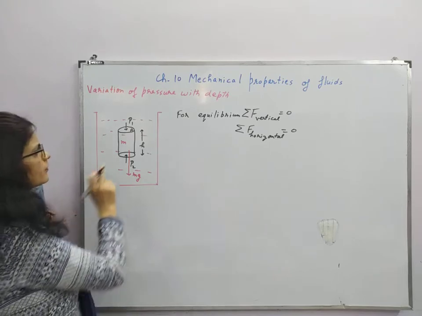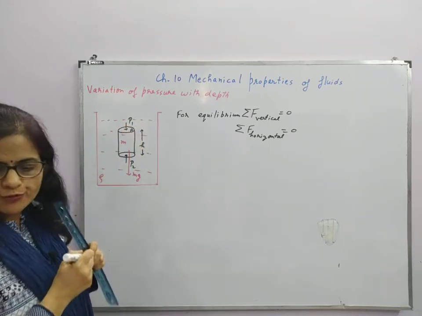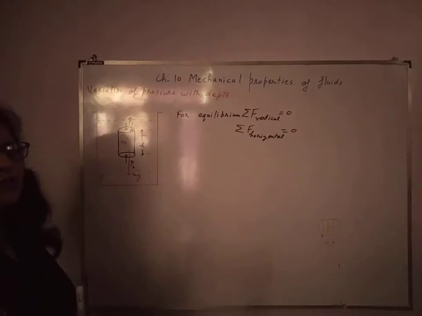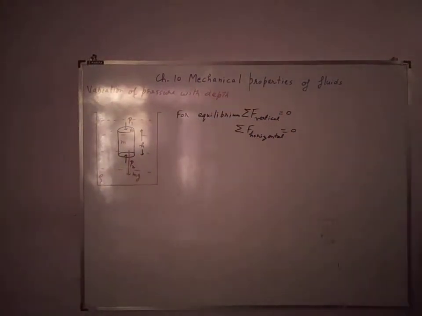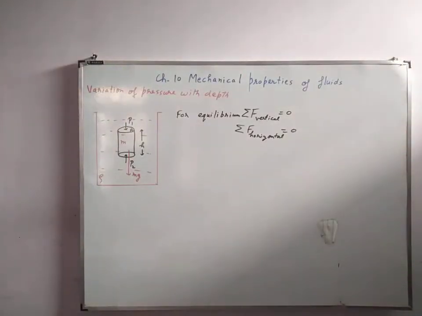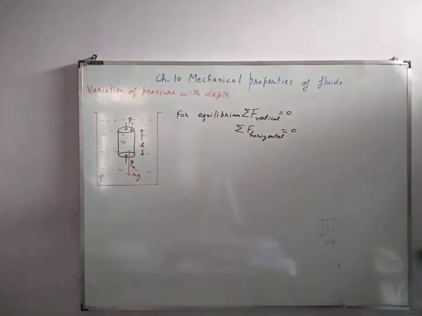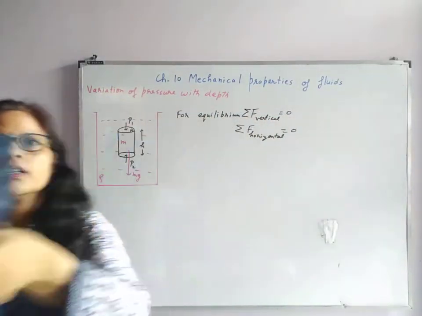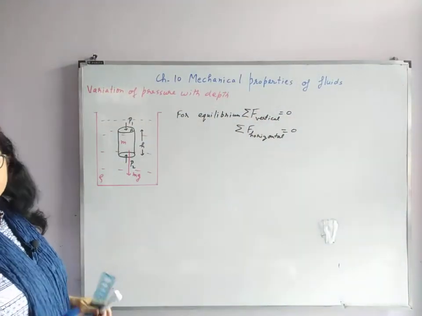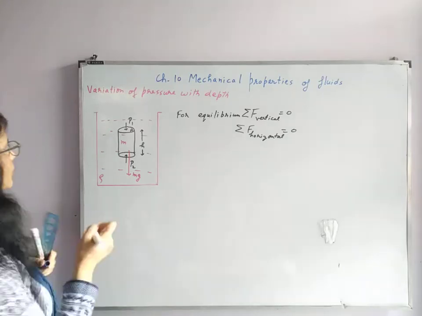We are talking about net vertical force. So let's check out, due to this pressure, how much force is acting at this end. We know that the formula for pressure is force upon area. So force will be pressure into area.